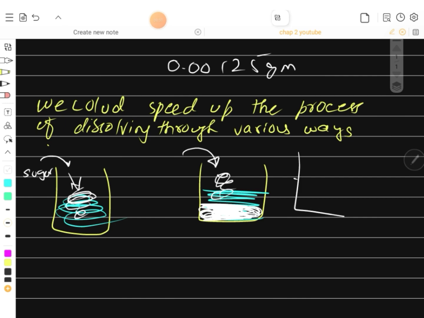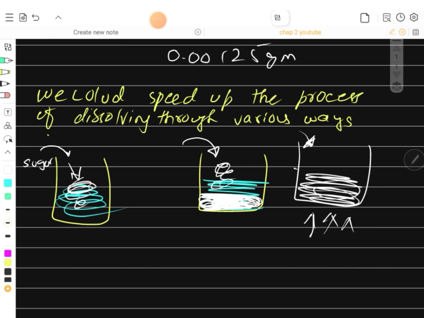But eventually, when you're heating the solution and adding more solute, I forgot to tell you guys that this state of the solution is called a saturated solution.